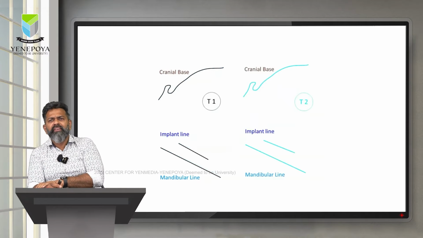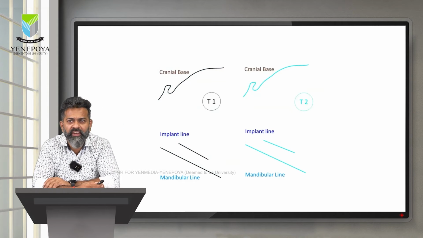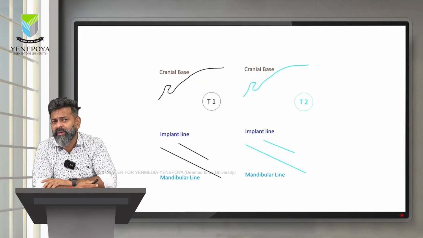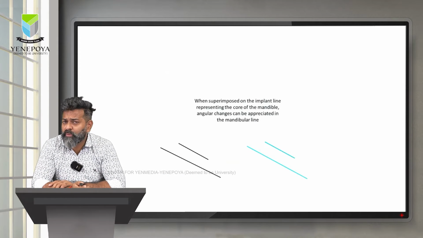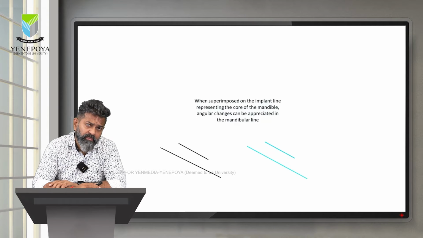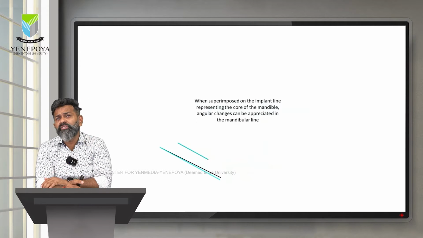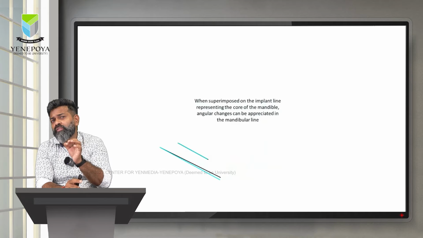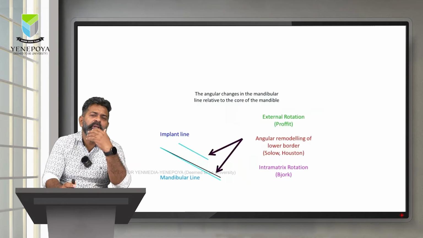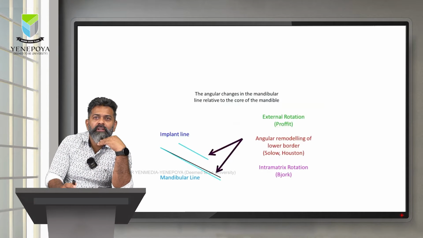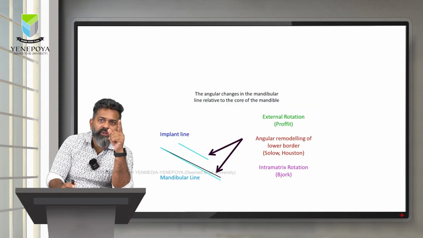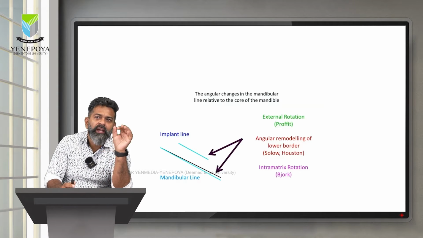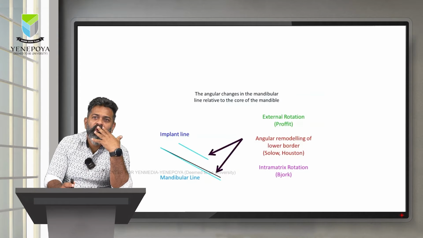Again, when he compared different X-rays at different time intervals, superimposing on the implant line, representing the core of the mandible, angular changes can be appreciated in the lower border of the mandible. Angular changes in the mandibular line relative to the core of the mandible are called external rotation by Profit, angular remodeling of the lower border by Hudson, and intramatrix rotation by Bjork.